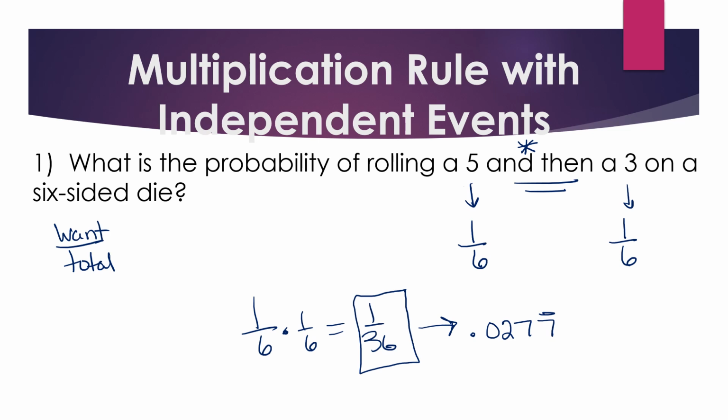So you have 0.028 as a probability, or a 2.77% chance of rolling a 5 and then rolling a 3. Okay, those two things stand alone. So these are independent events. They do not have an effect on one another.